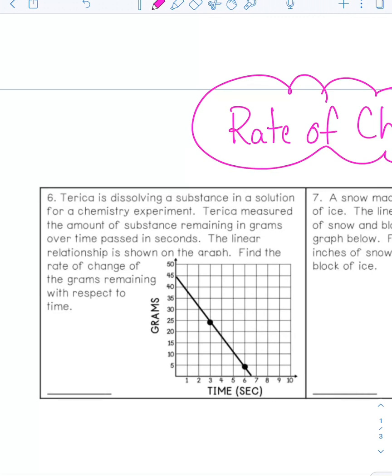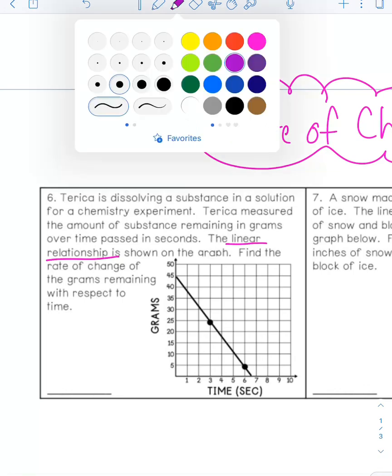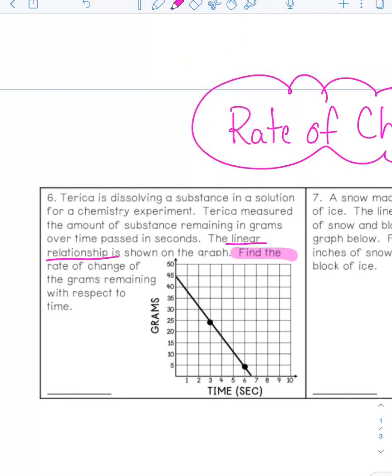Terica measured the amount of substance remaining in grams over time passed in seconds. The linear relationship is shown on the graph. The fact that it says linear means the slope is constant. Find the rate of change of the grams remaining with respect to time.